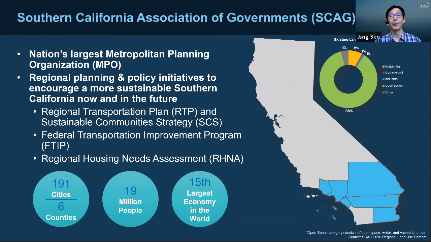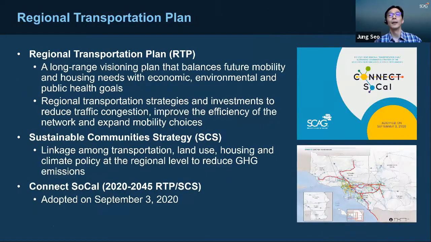And as an MPO and also as a council of governments, SCAG also conducts various plan development and policy analysis, including the regional transportation plan and sustainable communities strategy, the federal transportation improvement program, and the regional housing need assessment. As an MPO, SCAG is responsible for developing a regional transportation plan every 4 years.